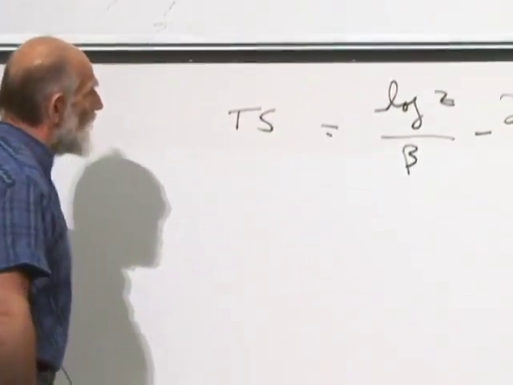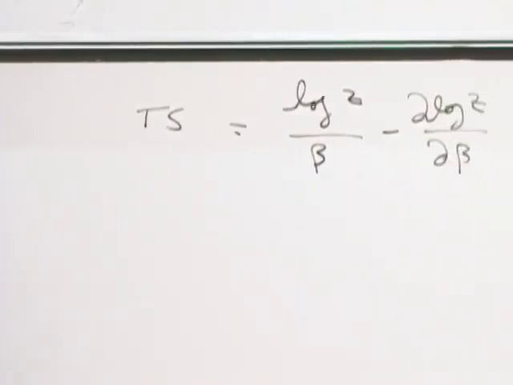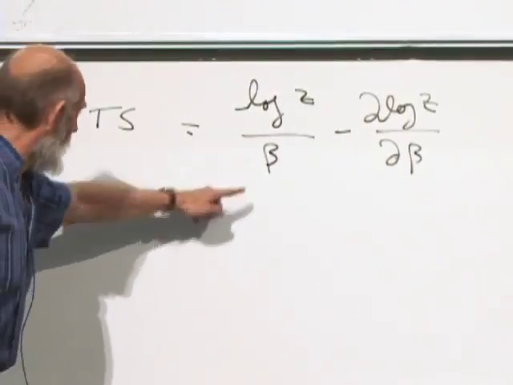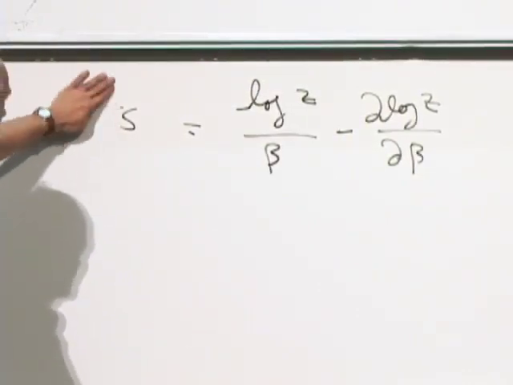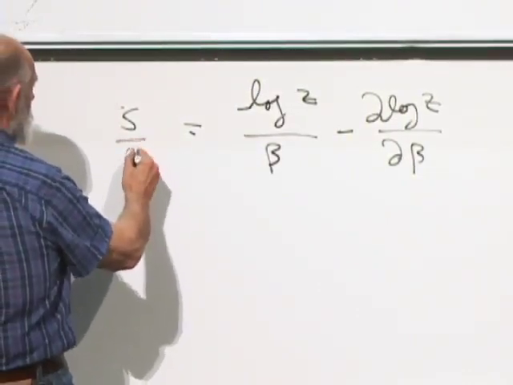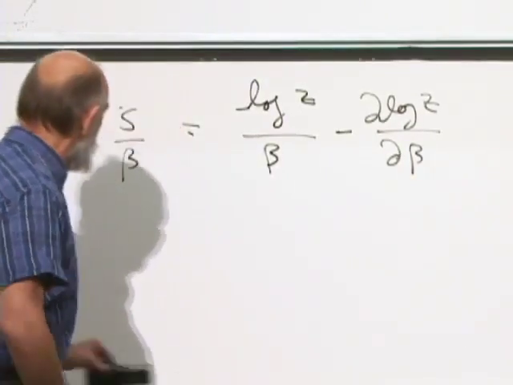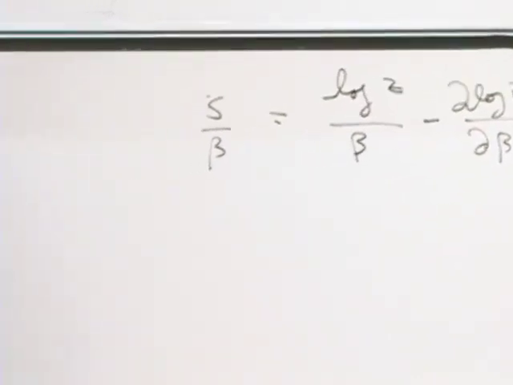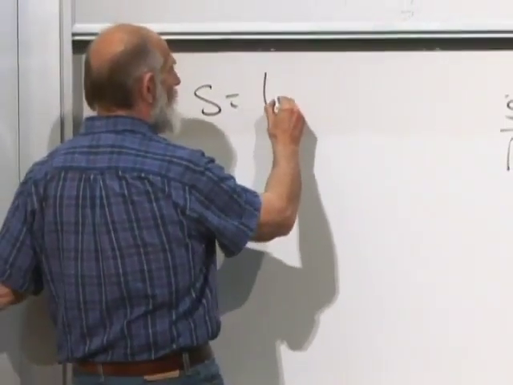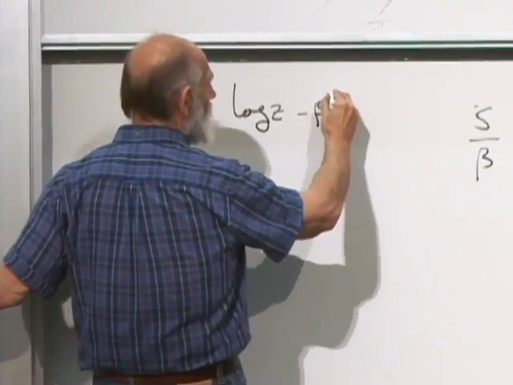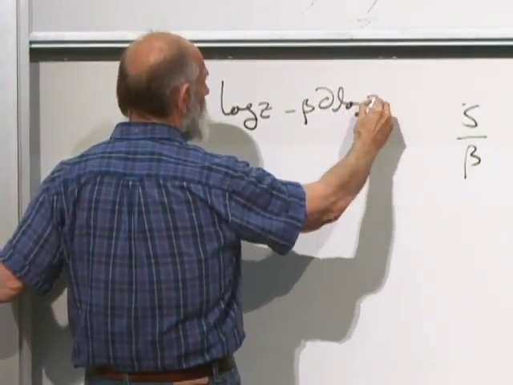Do I have that right? If I'm lucky, the temperature will cancel from this one. Yeah, this is also 1 over beta. All right, so we can multiply by beta if we like. Multiply by beta, another form: S is equal to log Z minus beta d log Z by d beta.